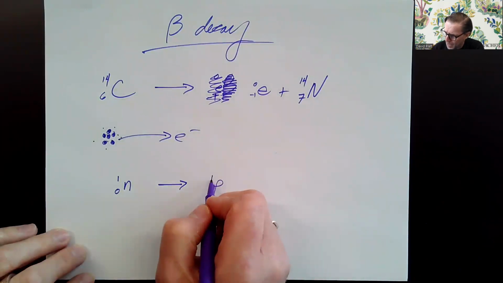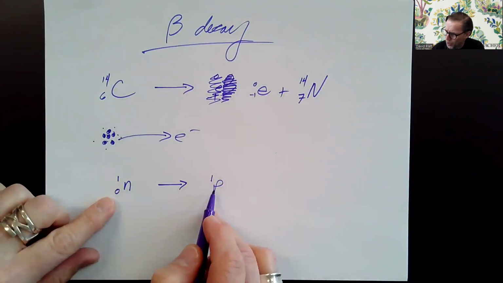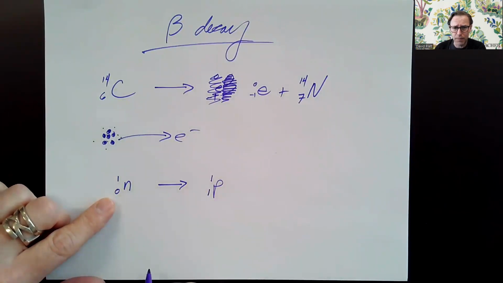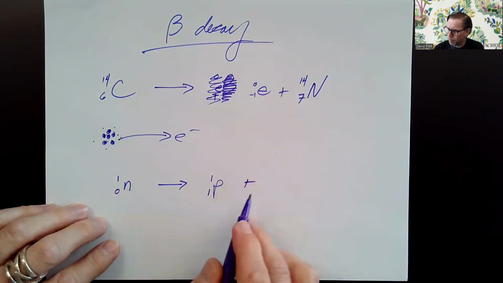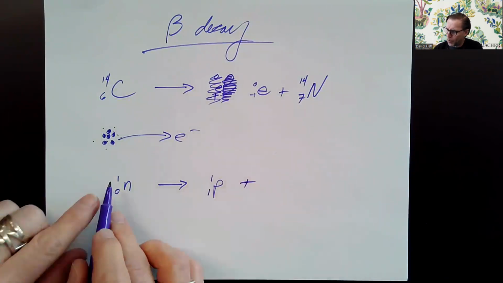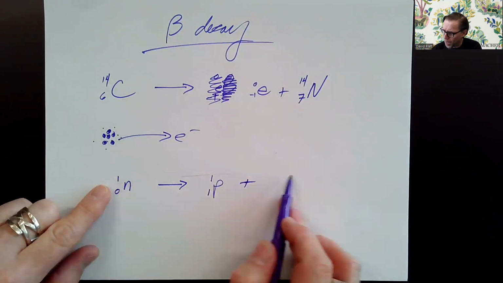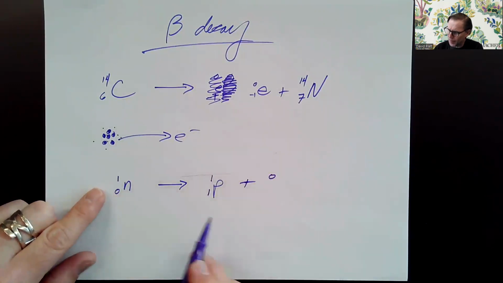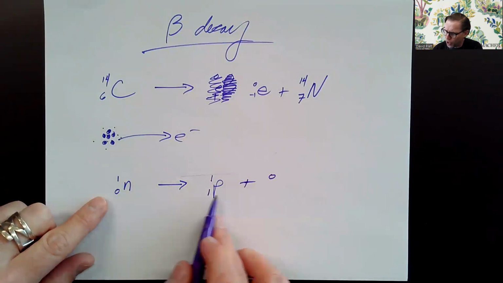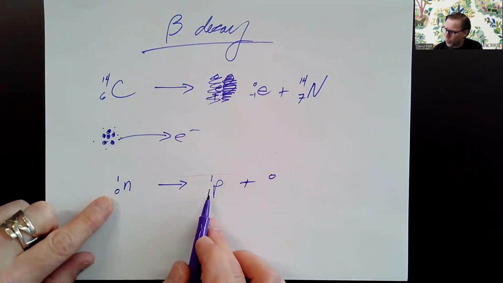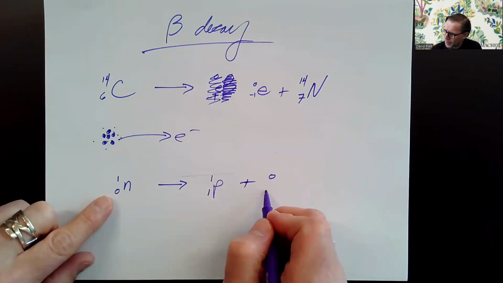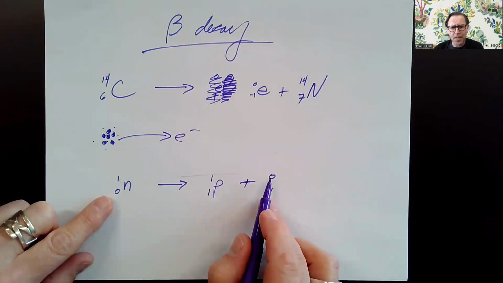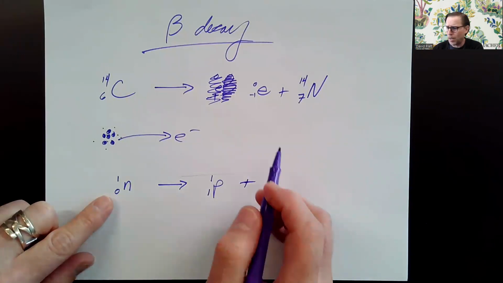Proton still has a mass of 1, but this proton has a charge of +1. Okay, now let's see what else is going to have to be here. If I'm going to conserve mass on the top, 1 equals 1 plus 0. If I'm going to conserve charge, 0 is 1 plus -1. What thing has a mass of 0 and a charge of -1?